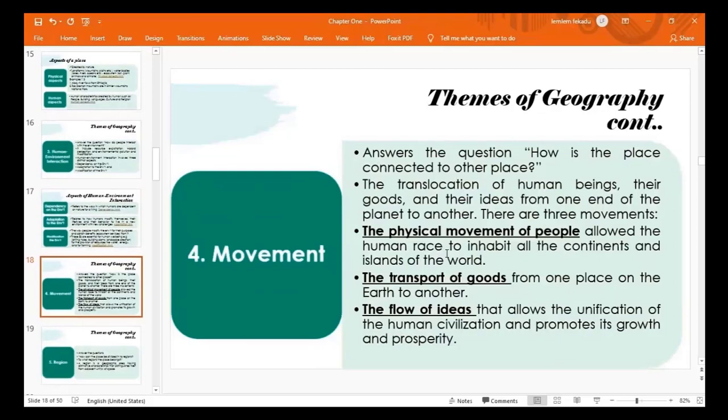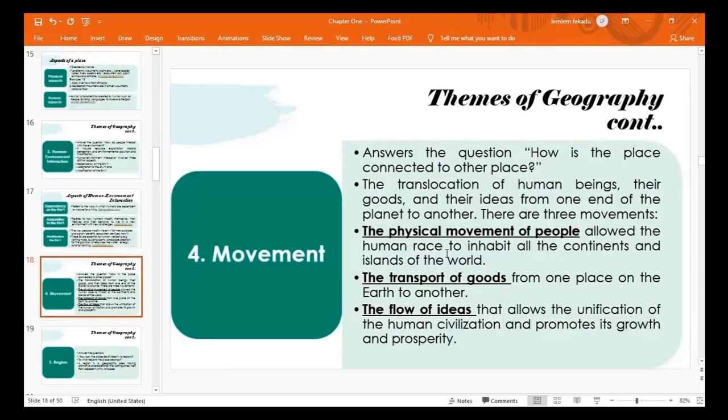The fourth theme of geography is movement. Movement is the translocation of human beings, their goods, and their ideas from one end of the planet to another. There are three movements: the physical movement of people, the translocation of goods, and the flow of ideas.